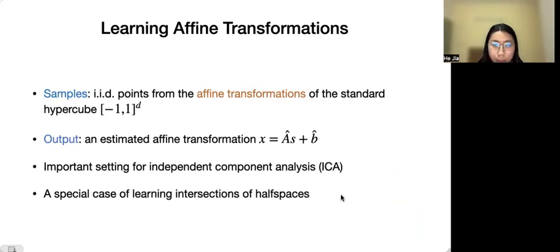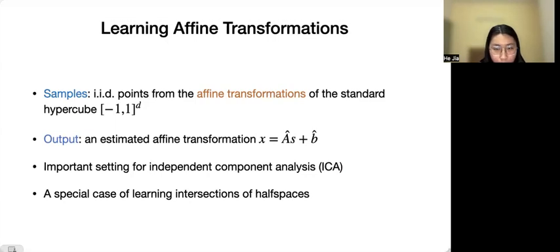This problem of learning affine transformations is an important setting for independent component analysis, or ICA, because when we learn the affine transformation, we have to recover each coordinate. The cube has natural coordinates because it is a product distribution.